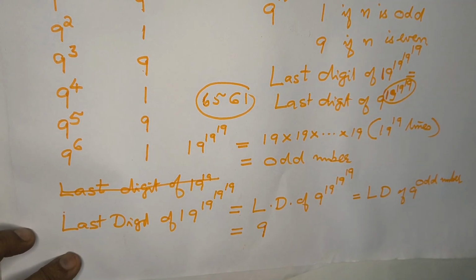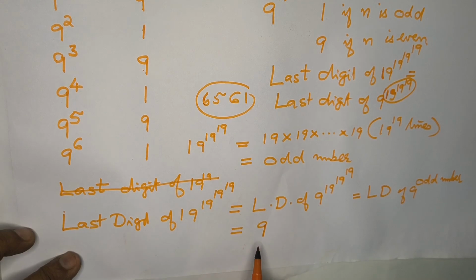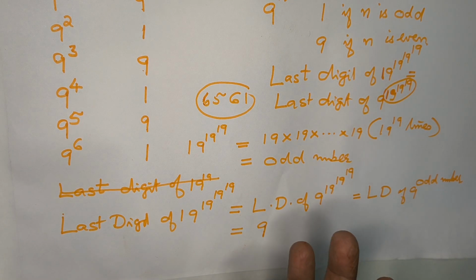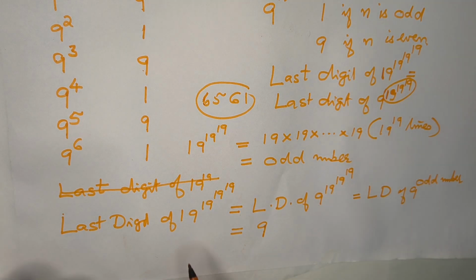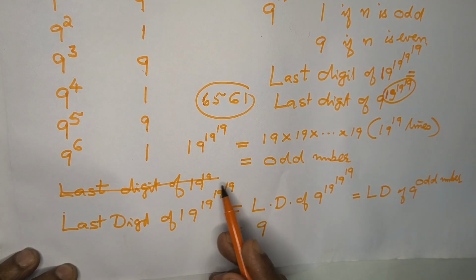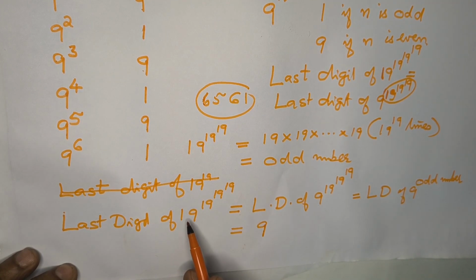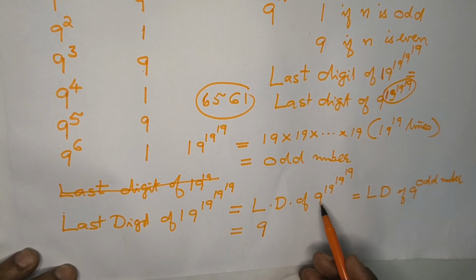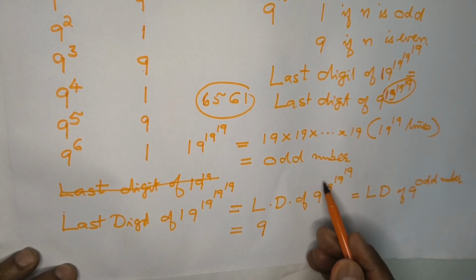So what do you finally observe? The last digit of this huge number given to you is just 9. I told you that you can solve this problem in just a few seconds. Isn't it true? The moment you see a number like this, we know that it is an odd number, and we know that the last digit of this number is the last digit of 9 power this number, which is an odd number.